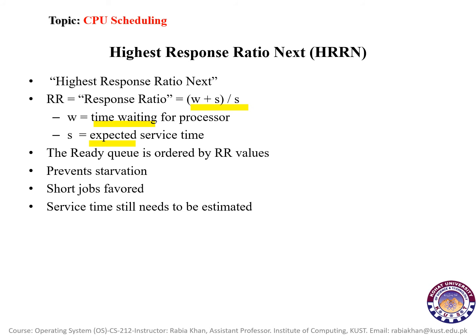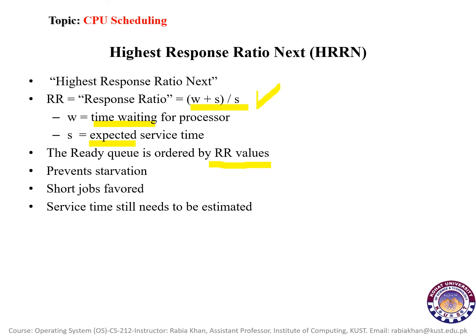Since this is an expectation, a sort of prediction, no process is 100% sure how much time it will accurately require on CPU. It is generally estimated time. So the ready queue is normally organized in response ratio form.